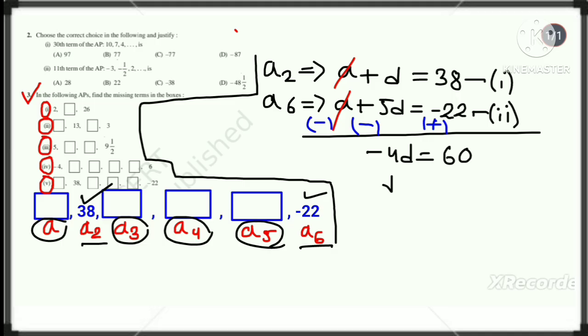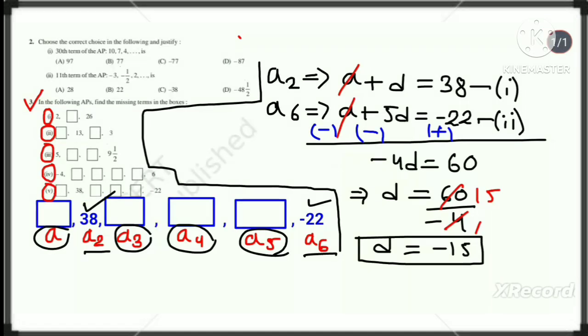Now D equals 60 by minus 4, and 4 15s are 60. In this way, we have obtained D equal to minus 15.